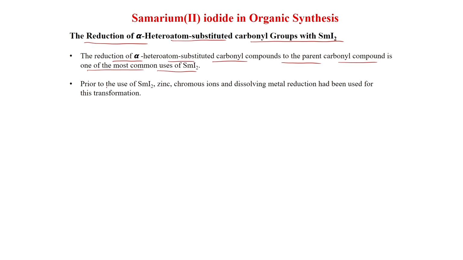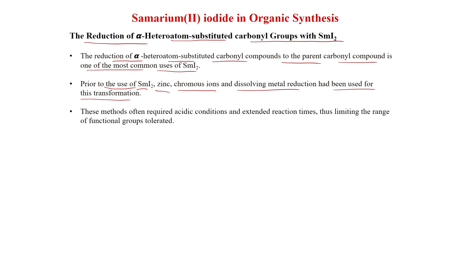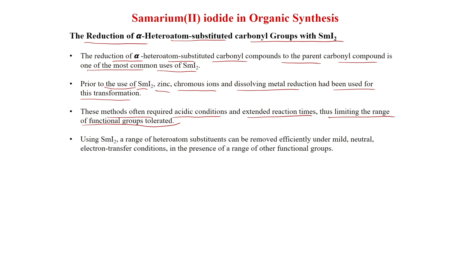Prior to the use of samarium iodide, zinc, chromous ions and dissolving metal reduction had been used for this transformation. Those methods often required acidic condition and extended reaction times, thus limiting the range of functional groups tolerated. So, this is very important. Earlier methods, the functional group toleration was very less.